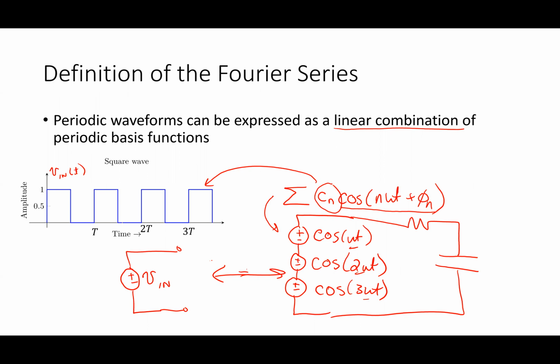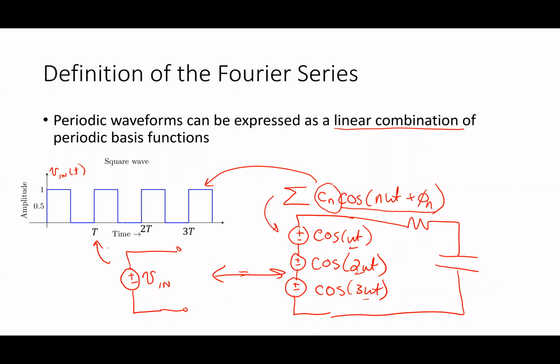What I said was that if I had a square wave, I can think of it as basically an additive combination of cosines. Basically, that means if I had a voltage source that looked like a square wave like this, I could replace that voltage source by a sum of sine waves, basically a bunch of individual voltage sources that were in series with each other.